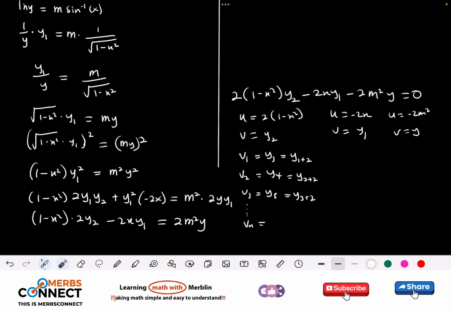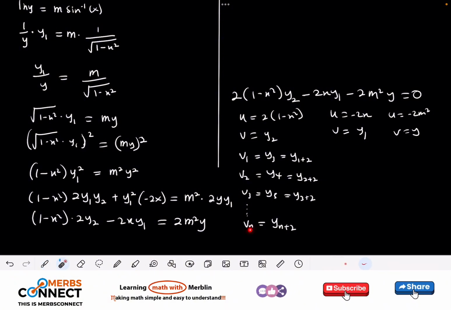So what I'm doing is I'm trying to make sure I have the 1 here, 2 here, 3 here. And because of that, I can see that I have 2, 2, 2, which is constant throughout. So if I have 1 here plus 2, 2 here plus 2, 3 here plus 2, then my Vn will be yn plus 2.